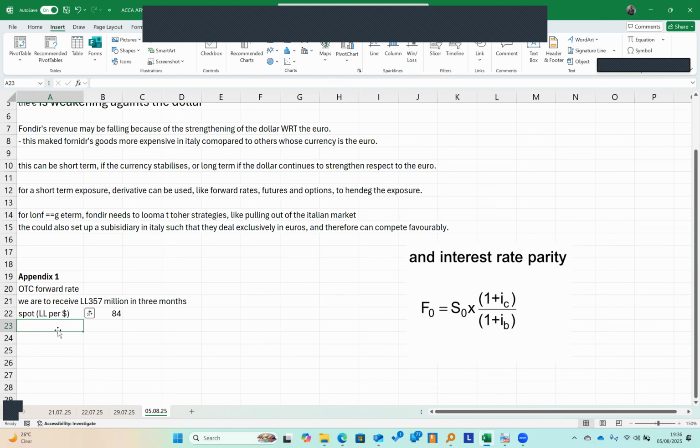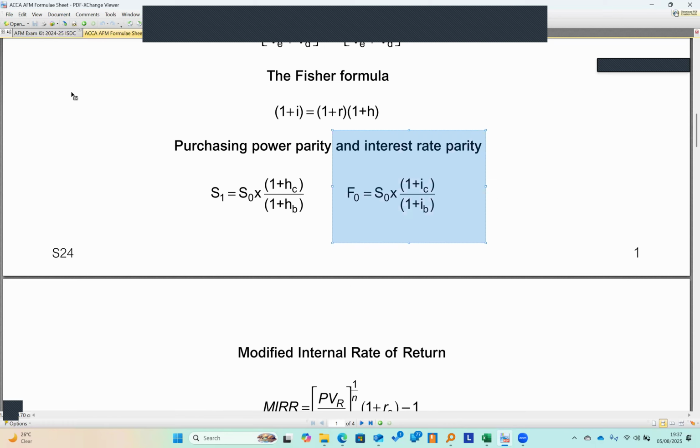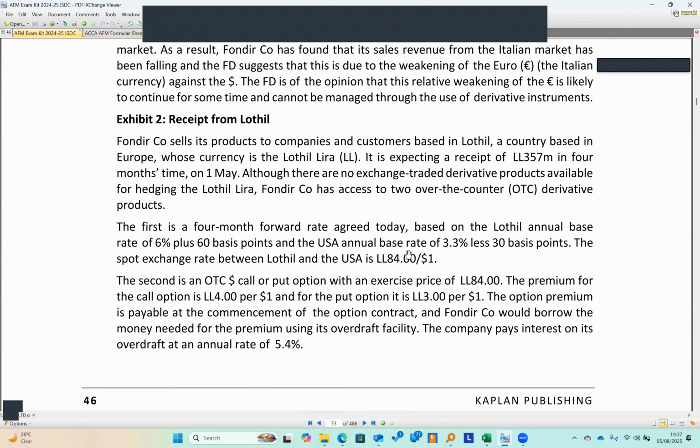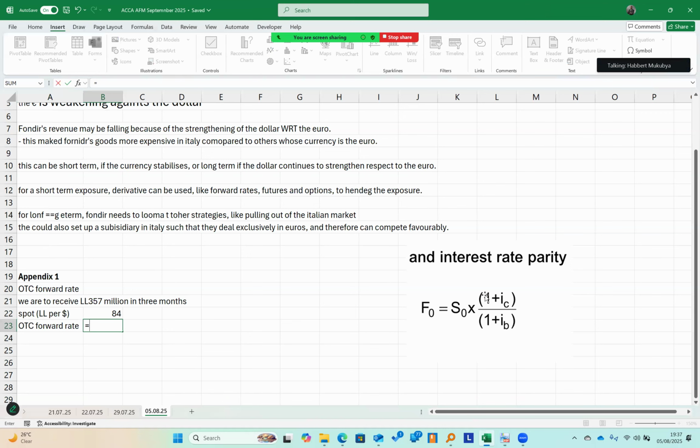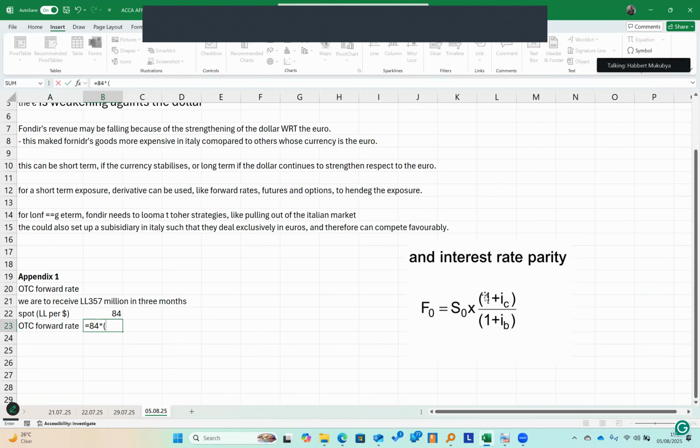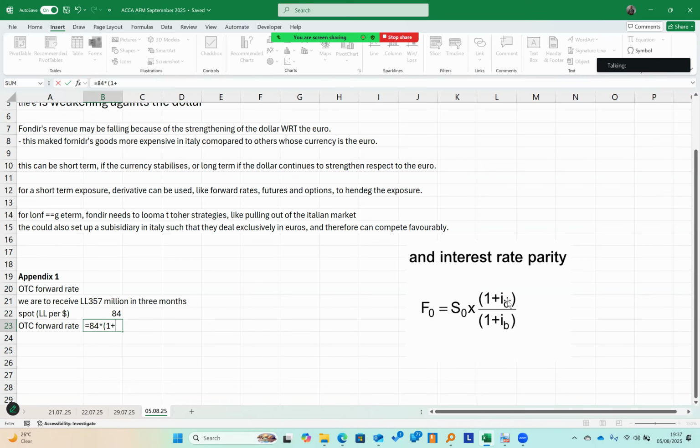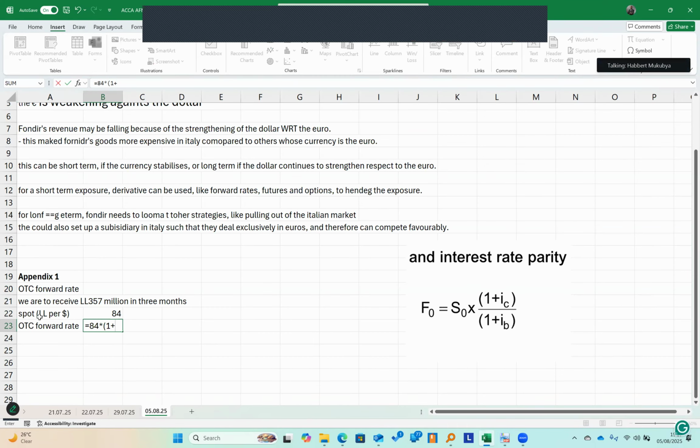So the over-the-counter forward is going to be the spot, which is 84, multiplied by 1 plus the interest rate in the counter currency. And what you need to know is that since they are telling us per dollar, that means that the lira is the counter currency.